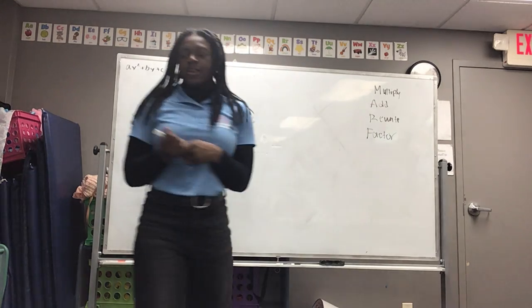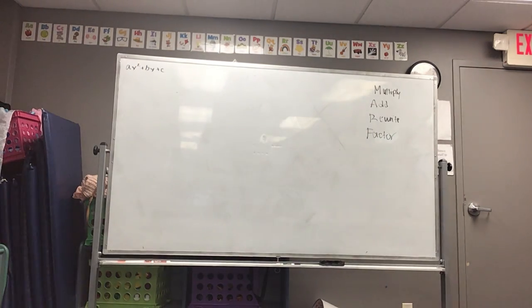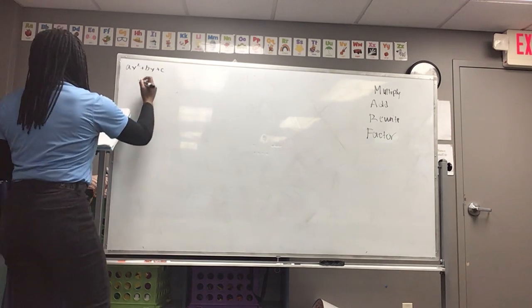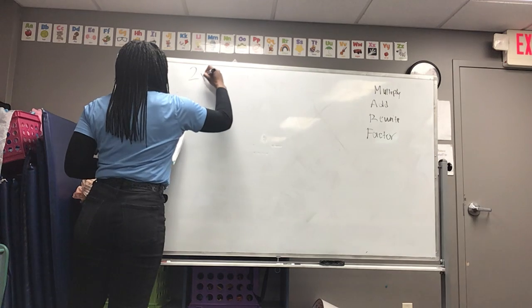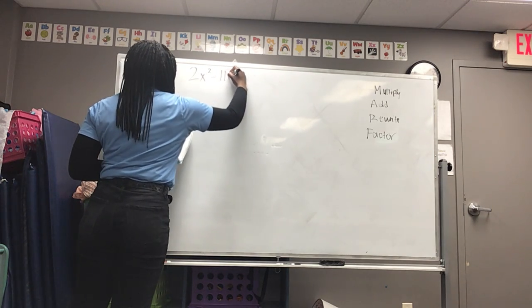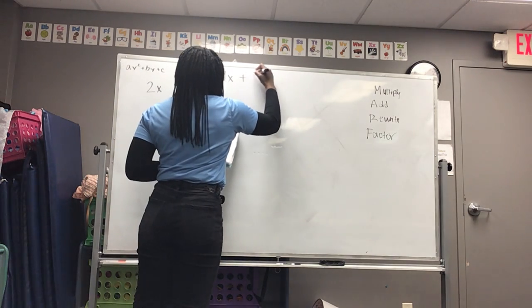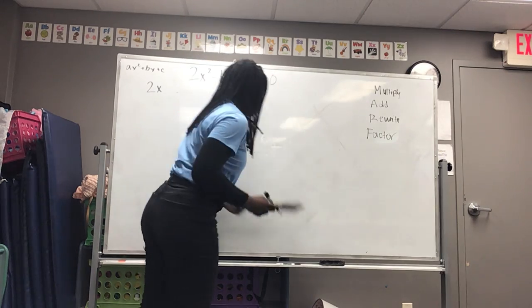Okay, so my next example is, we'll do this one. 2x squared minus 11x plus 12 equals 0.